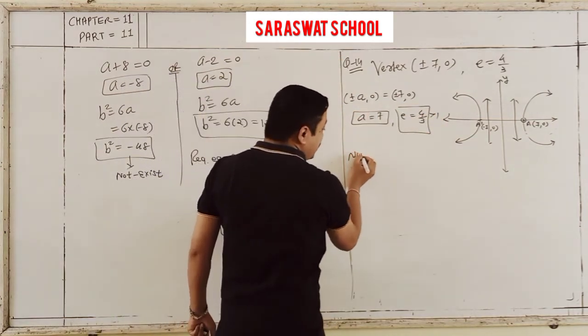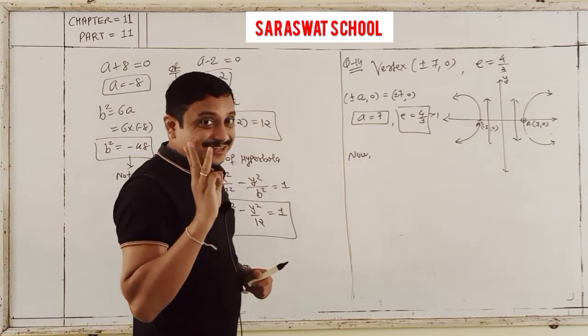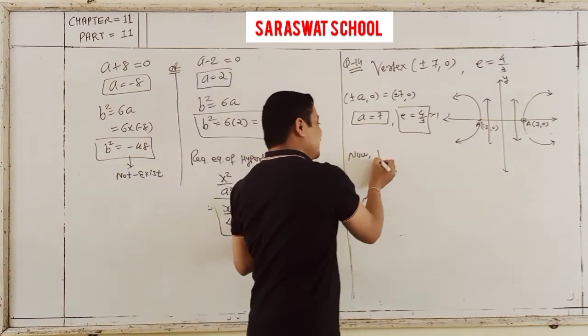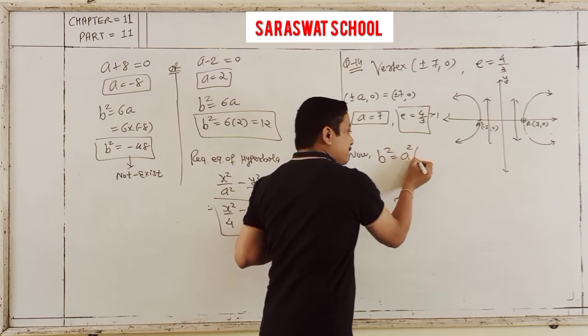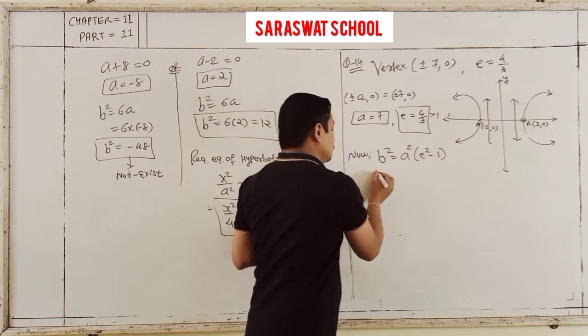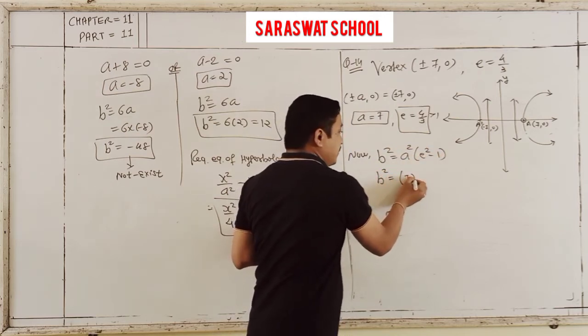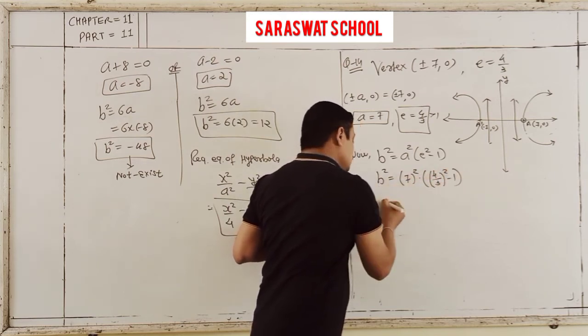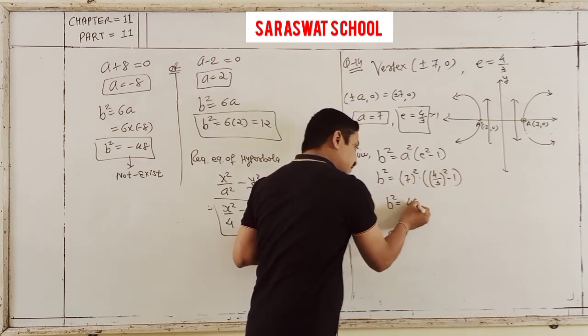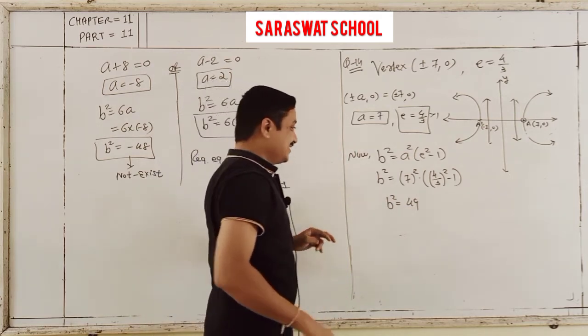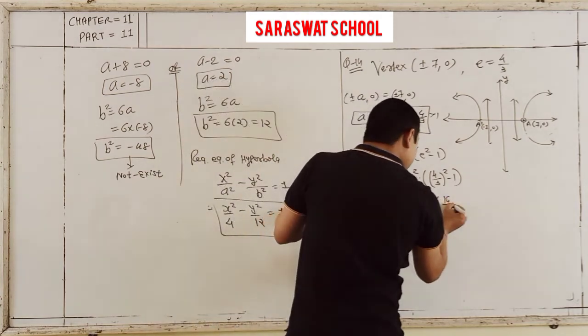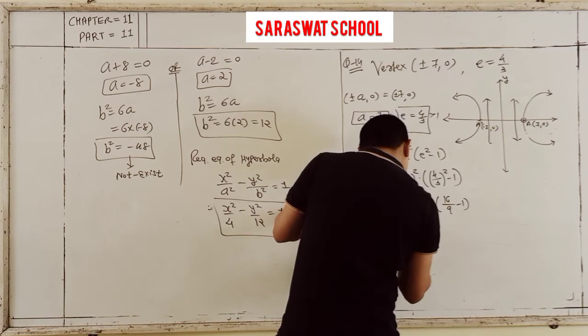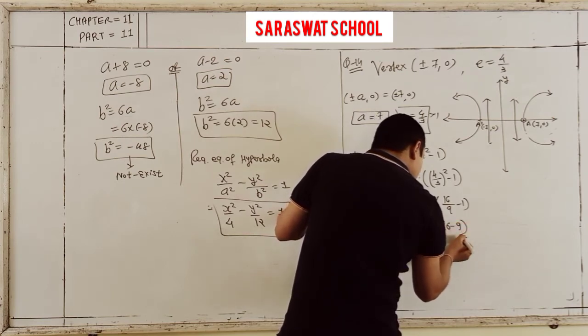Now the third formula, b square is equal to a square times (e square minus 1). So a is 7 and e is 4 by 3 square, so my answer is 7 square, 49, and here square gives 16 by 9, so my answer is 49 times (16 minus 9) by 9.